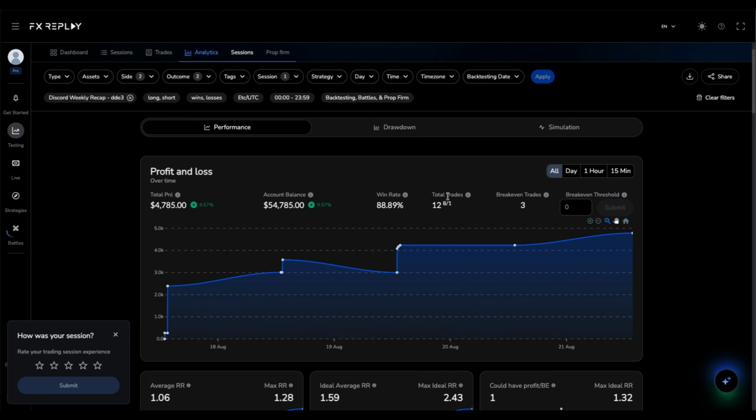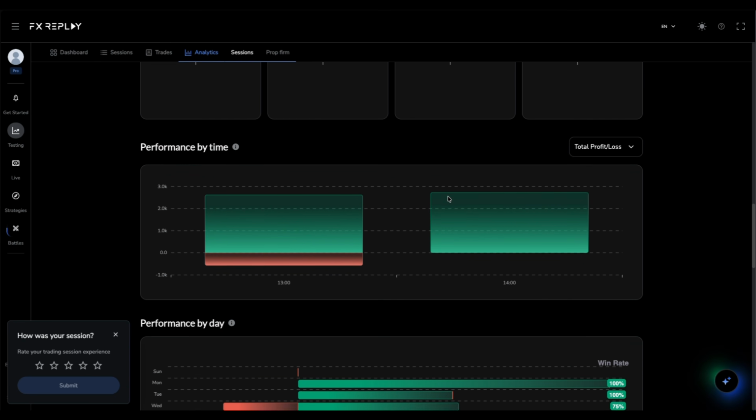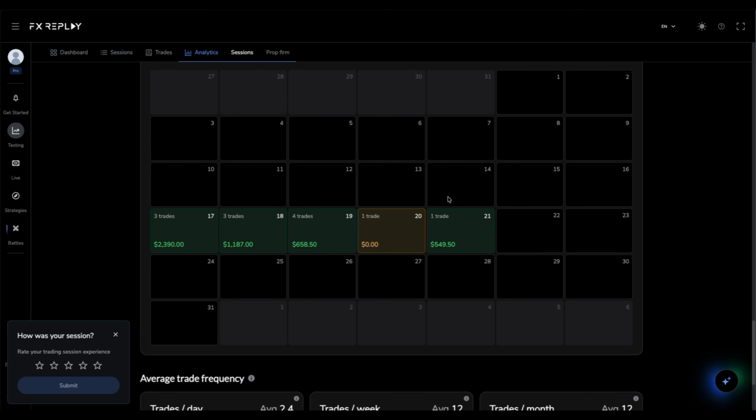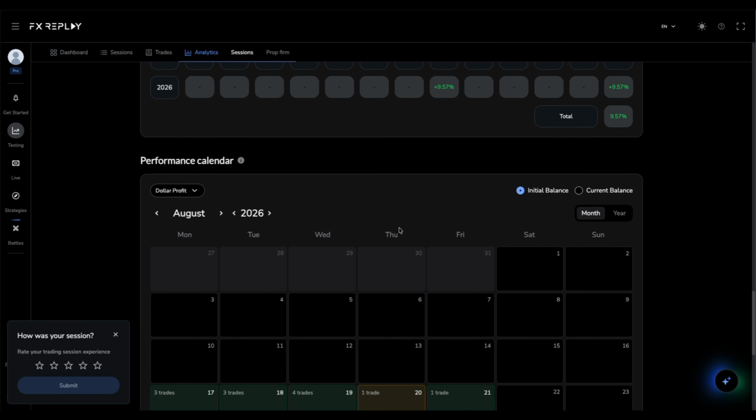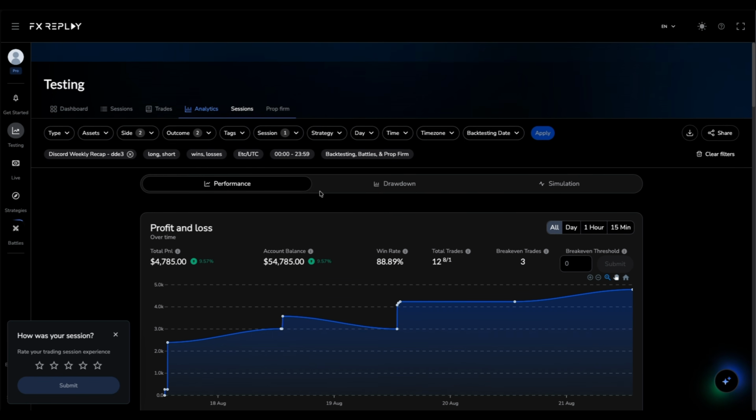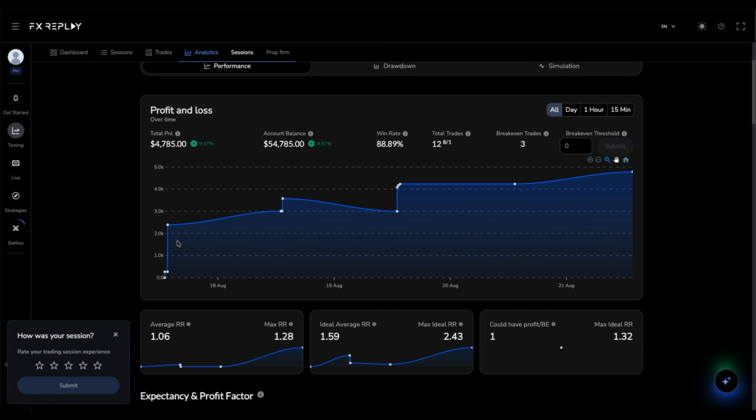So 88% win rate, not a single losing day. Bang. What a week this is. For me, it was green, green, green, break even, nothing. But it's okay. So yeah, generated 4.7k of profit, 88% win rate.